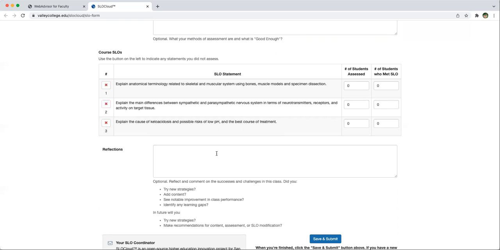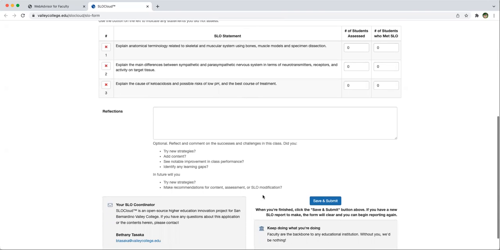If your students do require improvement, what are the tactics or strategies that you are going to implement for the following semester that may benefit your students? You can also identify learning gaps that you may have seen from your students. And again, identify components or techniques that may help your students improve in that process. When you are completed with this section, you can go ahead and click Save and Submit.